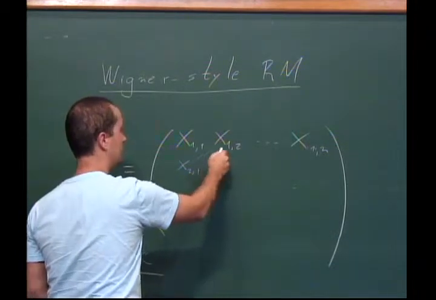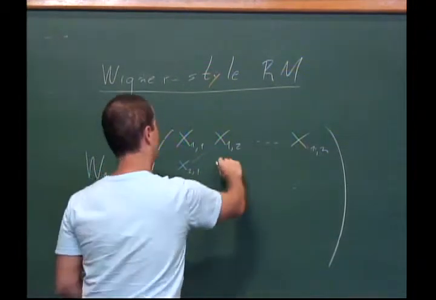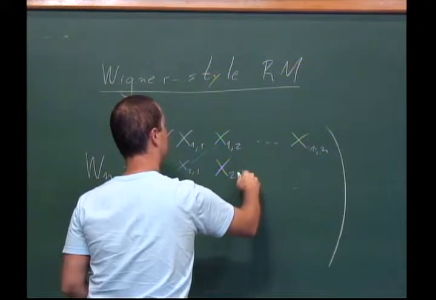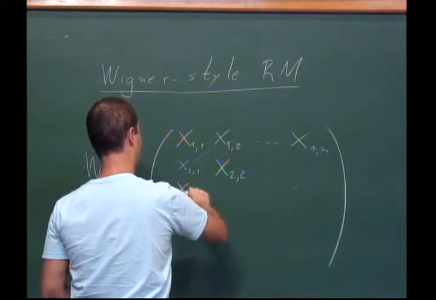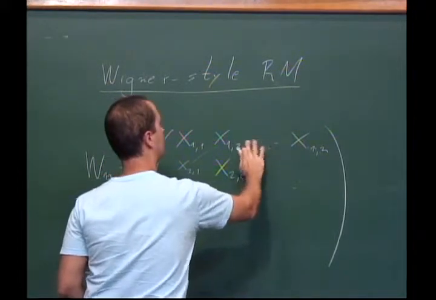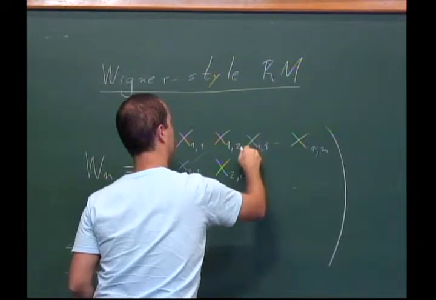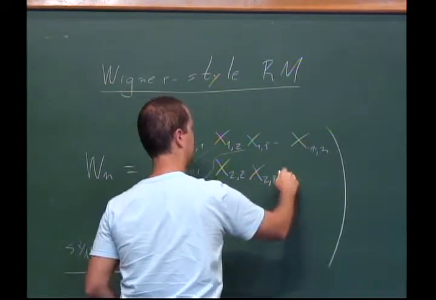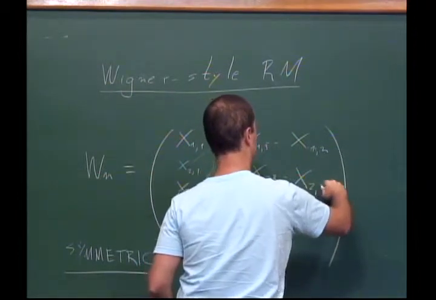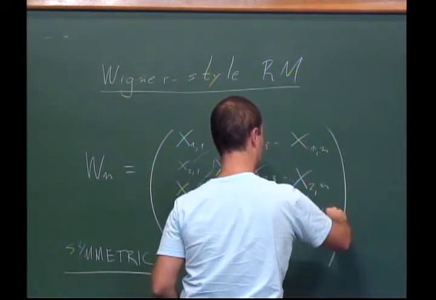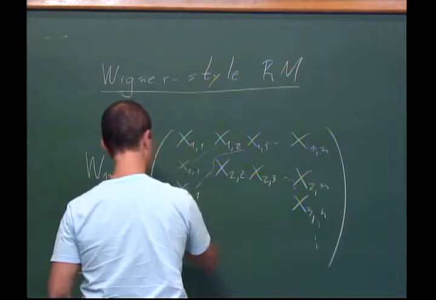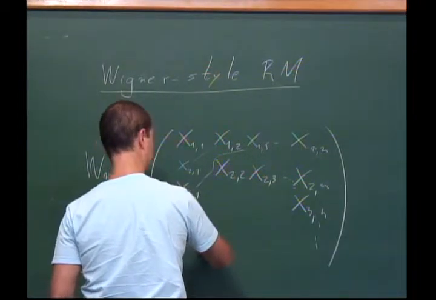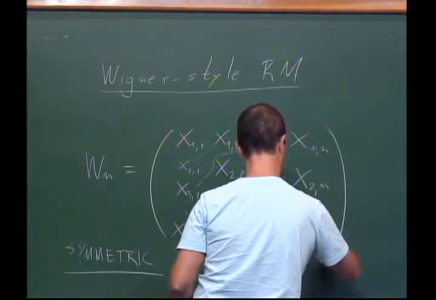So x21 should be equal to this one, x12. And if you have x31, it should be equal to x13. This, you have x3n, xn1, xnn.